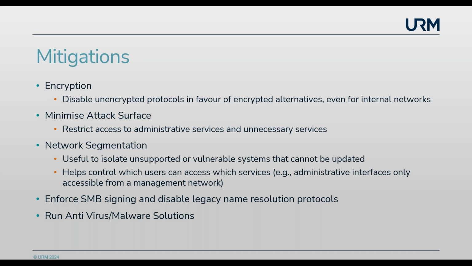So it doesn't mean that if you're in an internal network, you're safe from traffic interception from malicious entities. Minimizing attack surface, as you said, and network segmentation is definitely one way of doing that. Enforcing SMB signing, disabling legacy protocols, and having antivirus solutions helps with a lot of other issues as well.